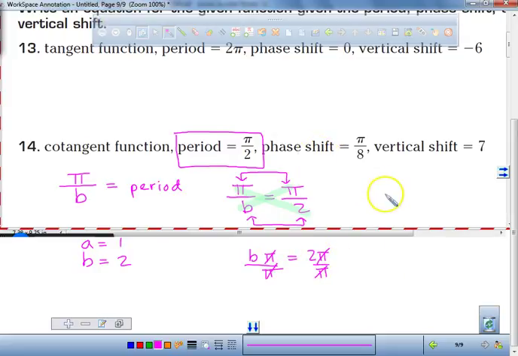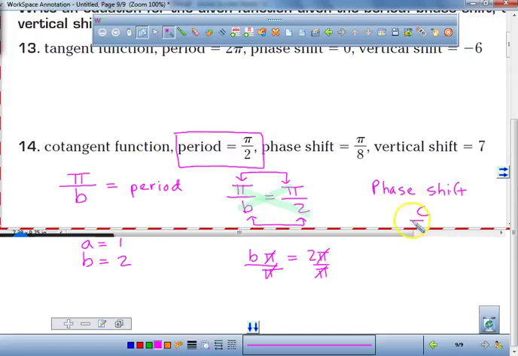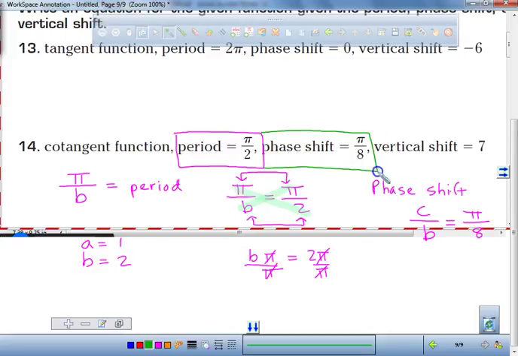So right now I'm doing phase shift. Is there a formula for phase shift? So it's C over B. And our phase shift is equal to pi over 8. There's our phase shift, pi over 8. So I have my C value divided by my B value. I found my B value: my B value is 2.